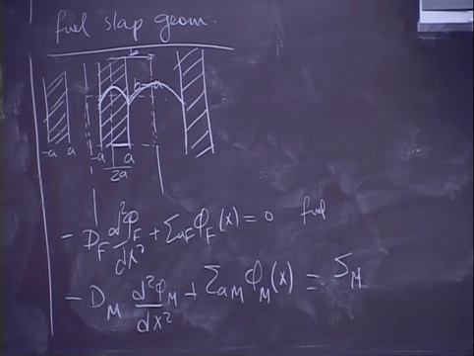When you solve these two equations, you will get the flux in the fuel and the flux in the moderator. They will look ugly because they are ugly.